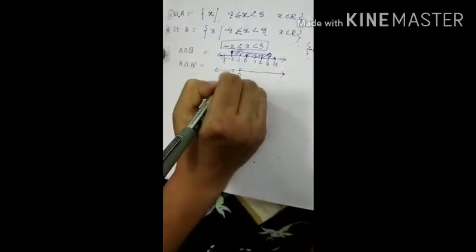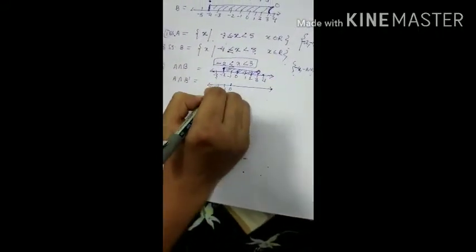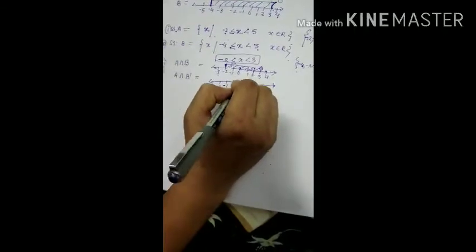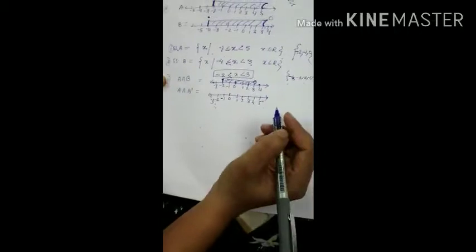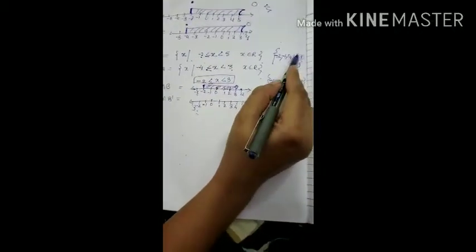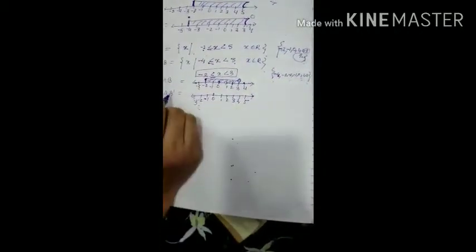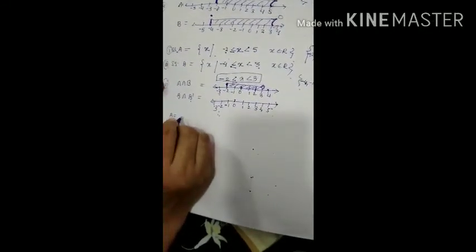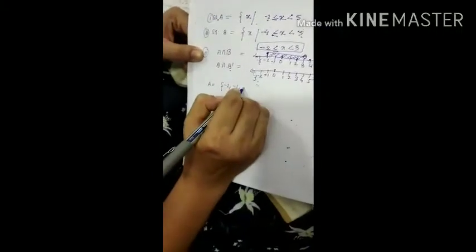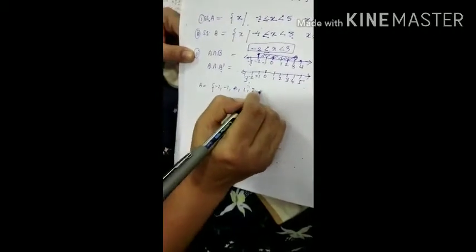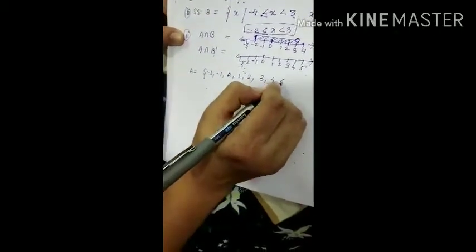So what will be my solution set? My solution set can be written as, even though we do not have the negative numbers, we have to show it and solve. This is 1, 2, 3, 4, 5. Now they are saying the numbers which are there in A but not in B are represented by A intersection B complement. You have already jotted that A is nothing but the numbers minus 2, minus 1, 0, 1, 2, 3, 4, 5.